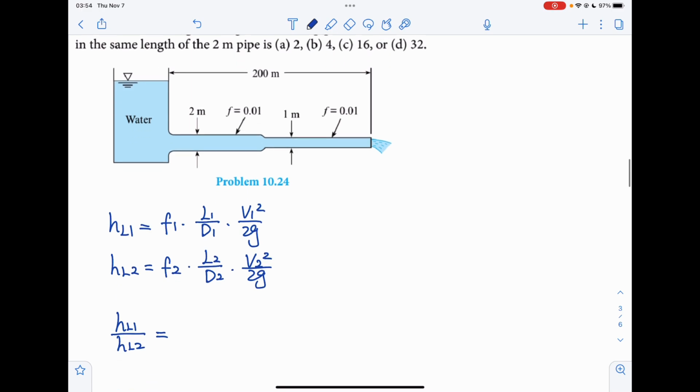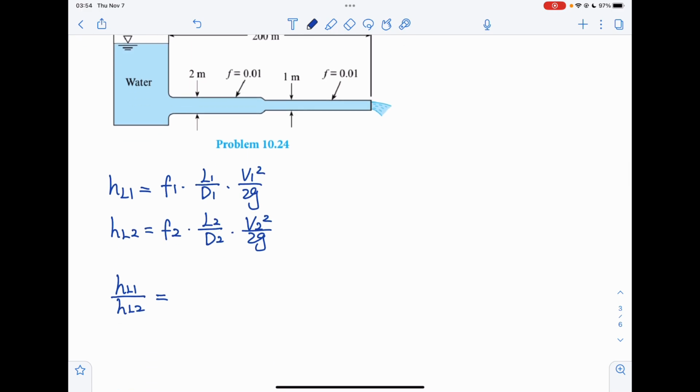Of course, gravity g is also the same. So the ratio simplifies to D2 over D1 times V1 squared over V2 squared.